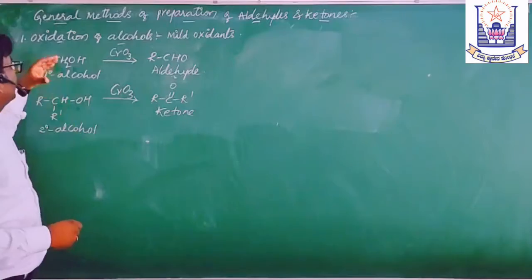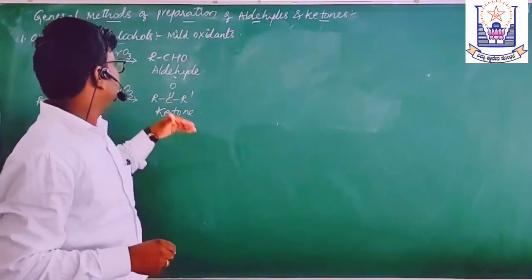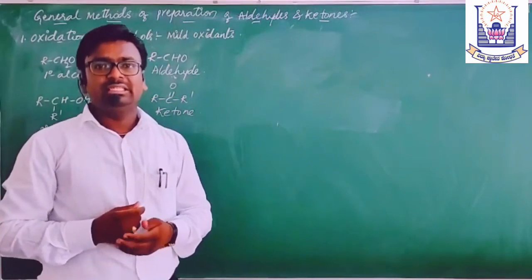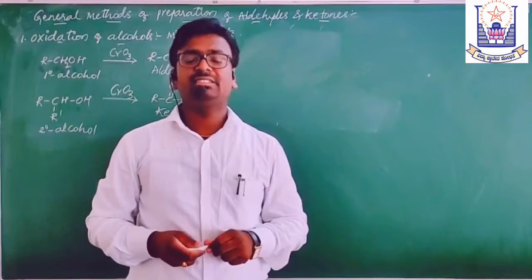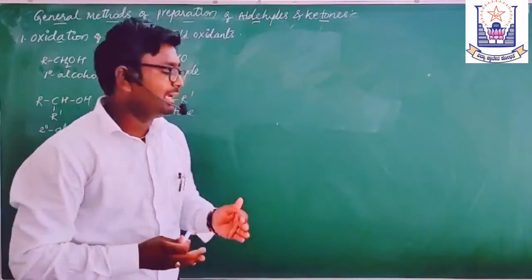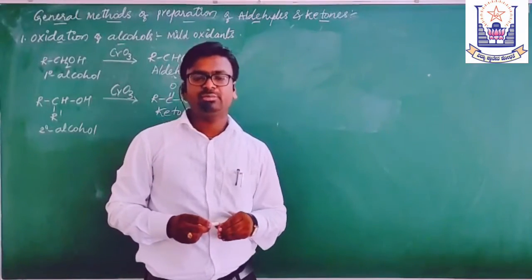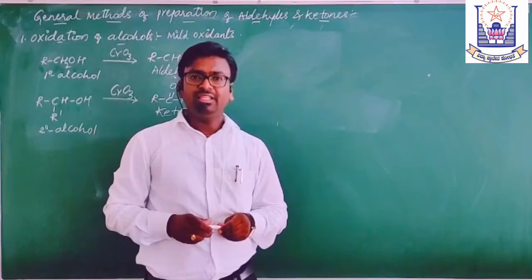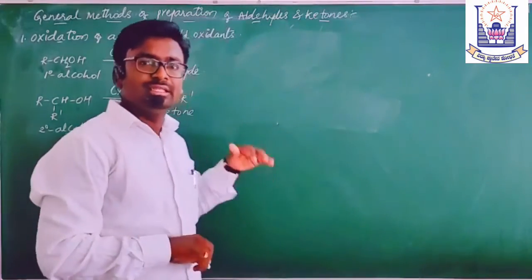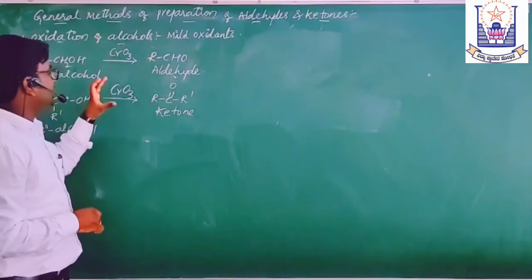If you oxidize the alcohol with mild oxidizing agents, then you get aldehydes and ketones. If you use strong oxidizing agents like KMnO4 or K2Cr2O7, it will directly convert the alcohol to the corresponding carboxylic acid. That is why we should not use KMnO4 or K2Cr2O7 in this reaction; we have to use weak oxidizing agents like CrO3.